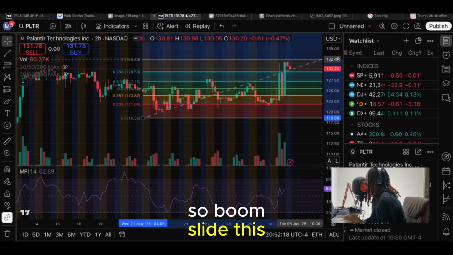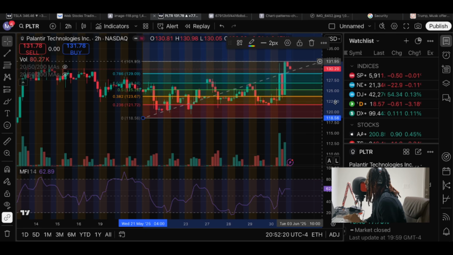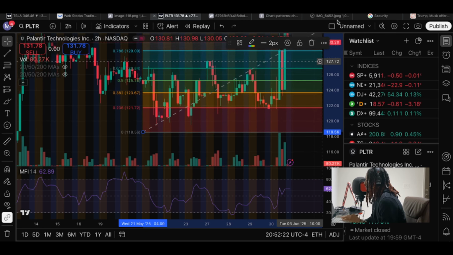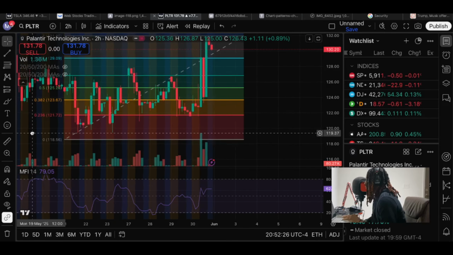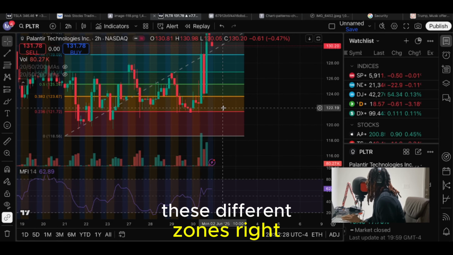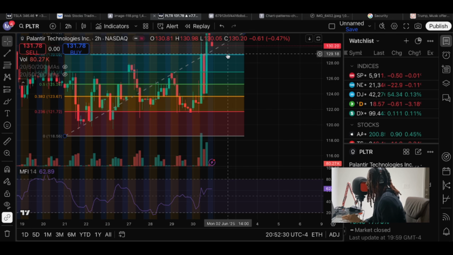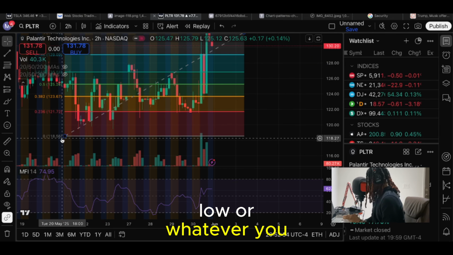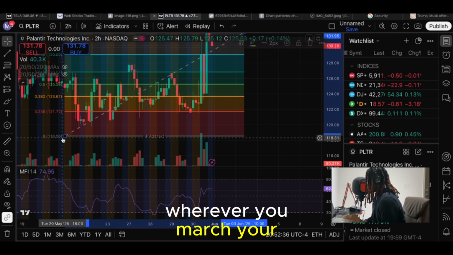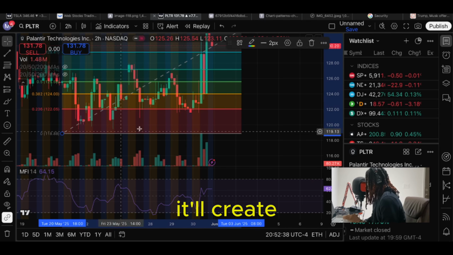So boom, slide this over. On the Fibonacci retracement, it has all of these different zones, right? Based off of your swing high and low, or wherever you mark your high, it'll create these zones.